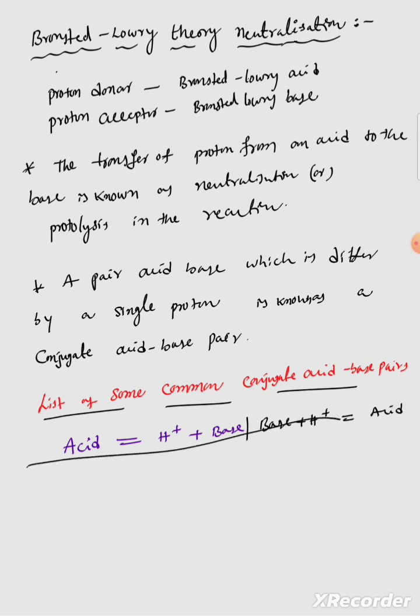Here we will see a few examples of what are the acids and what are the bases in the Bronsted Lowry theory concept.